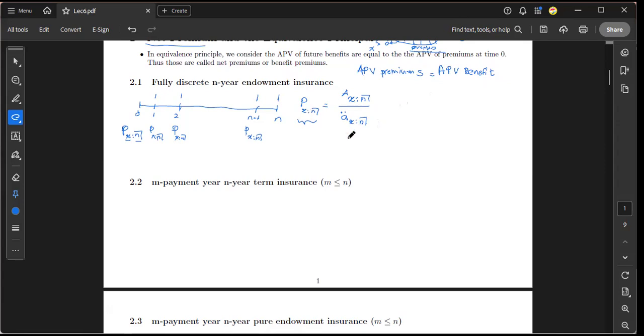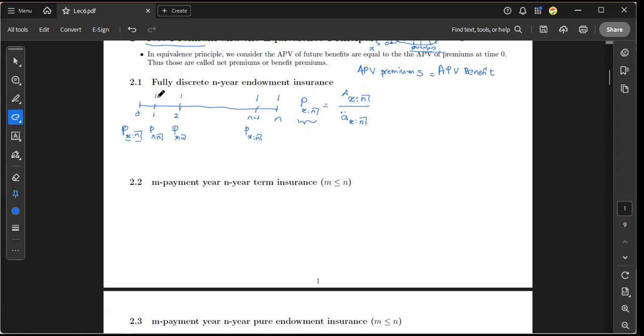The other special thing is the premium is calculated for a $1 benefit. That means, suppose you have the death benefit as 10,000, then you have to multiply this by 10,000. Eventually, you will multiply this P_x:n by 10,000 to get the actual premium amount.